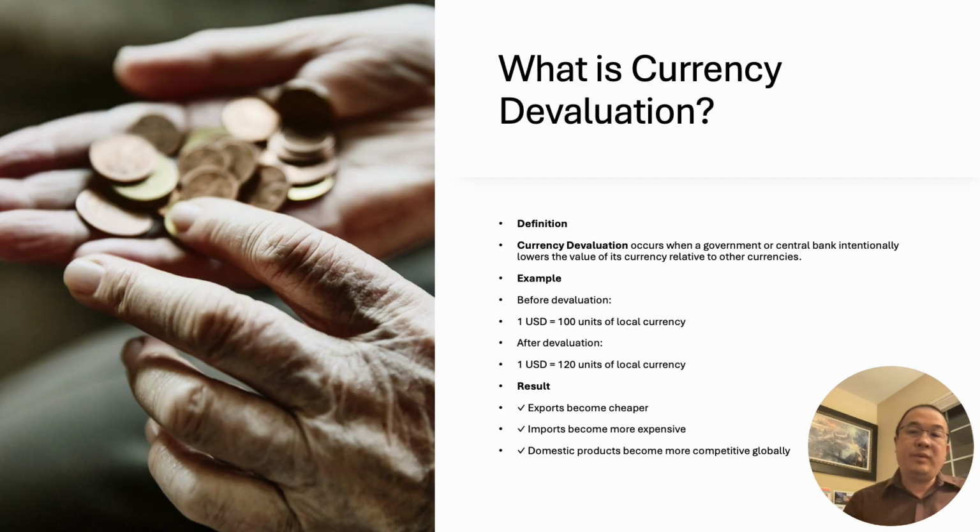Foreign buyers can now purchase goods from that country much cheaper. So, for example, if a product costs 12,000 units of local currency, in this case, before devaluation, $120, and then after devaluation, $100, the same product becomes cheaper to foreign customers. As a result, exports increase, imports become more expensive, and domestic industries become more competitive.